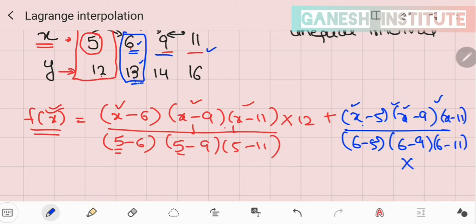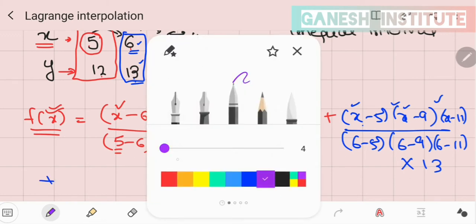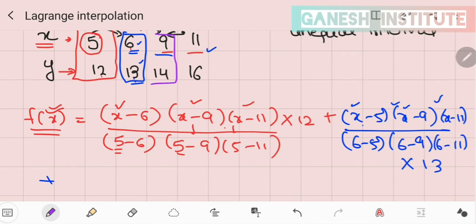The y value is 13, right? Then keep going with the third value. Now you hide your third value. For multiplication you choose 14, and the rest of the part remains the same: x minus 5, x minus 6, x minus 11.